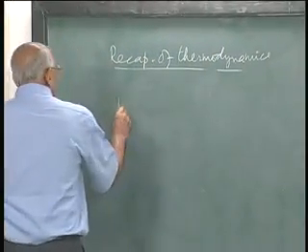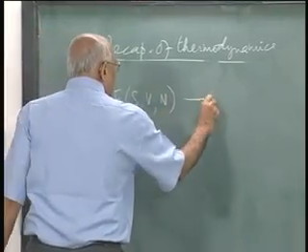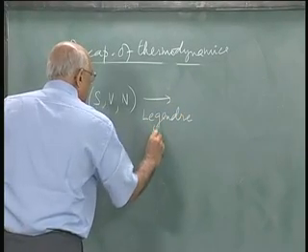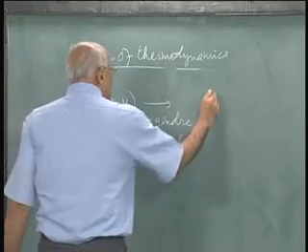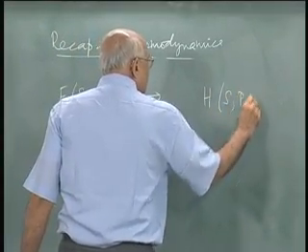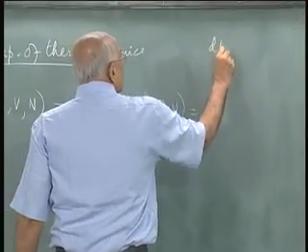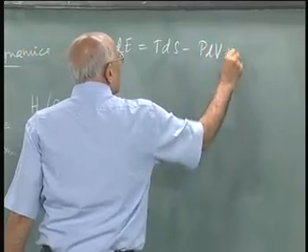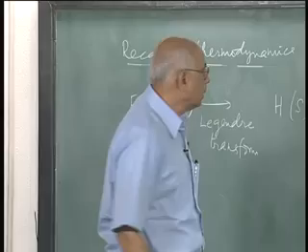So we have E as a function of S, V and N, and from here I do a Legendre transform to a function H of S, P and N, and what must that be? Recall that dE equals TdS minus PdV plus mu dN for our standard thermodynamic system.